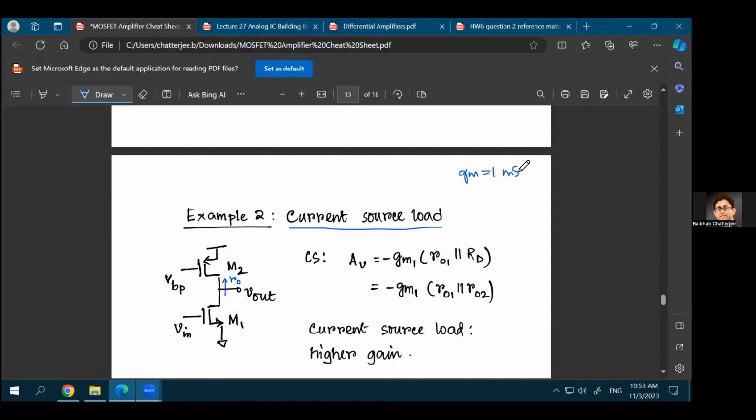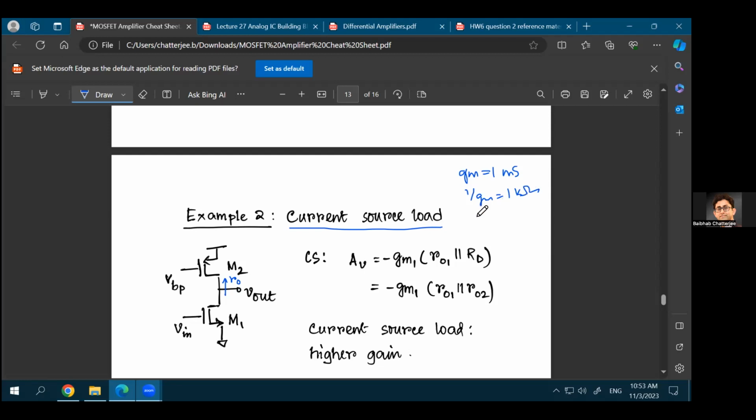That is 1 milliampere divided by volt, right? You may have seen this in your homework number 4 or even in the exam question, that the GM was a few millisiemens in most cases. So what is 1 upon GM? What is 1 upon 1 milli? That is 1000, right? 1K. So 1 upon GM would be 1 kilo.